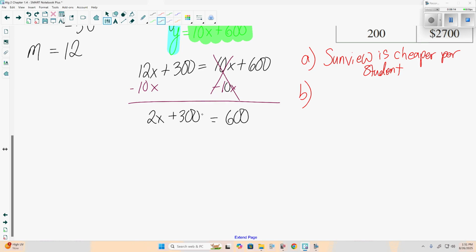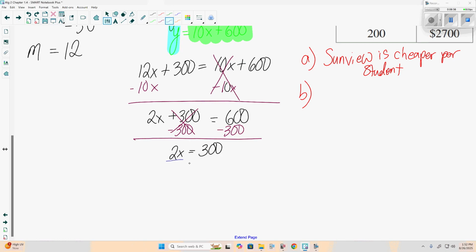What can we do next? Yes, we can minus 300 from both sides, because we do have the x's on the same side now. 300 minus 300 would cancel out, leaving us with 2x. 600 minus 300 is going to be 300.